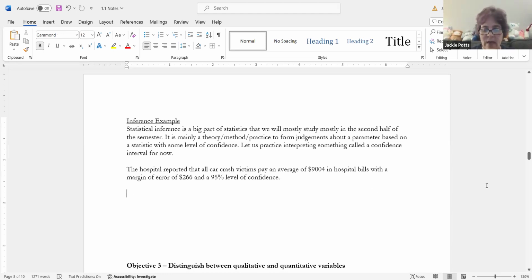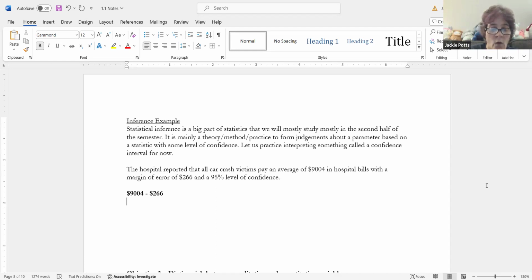It means that $9,004 is the middle, and it may be less, subtracting off $266, or it could be $9,004 plus $266.